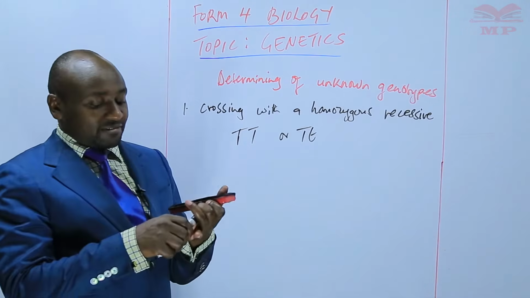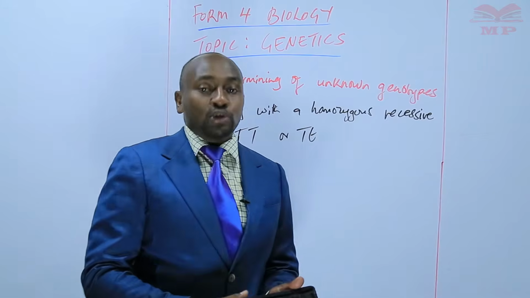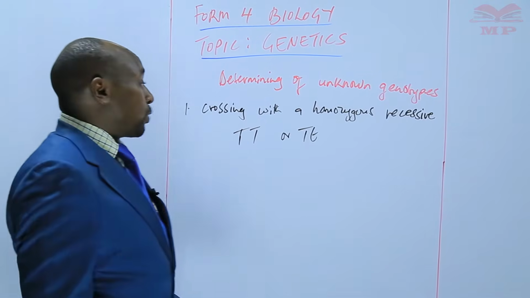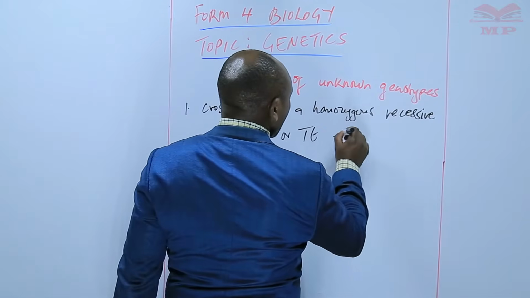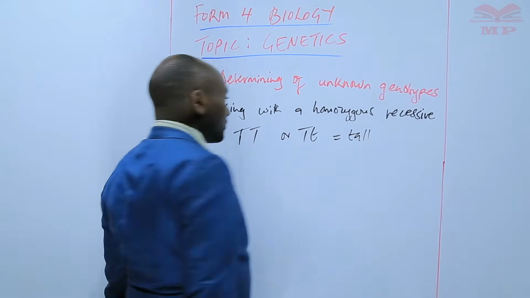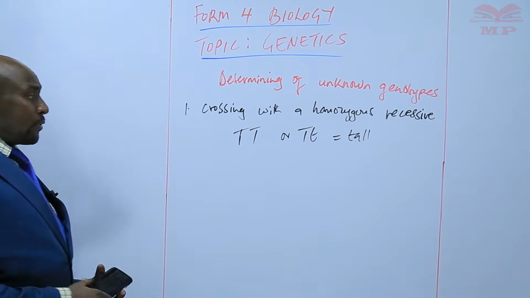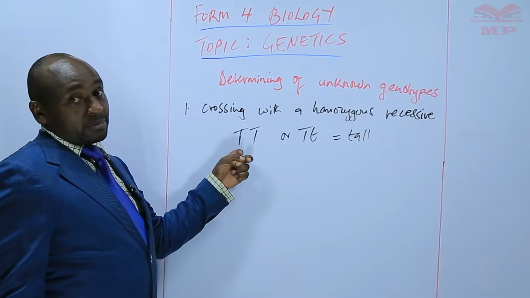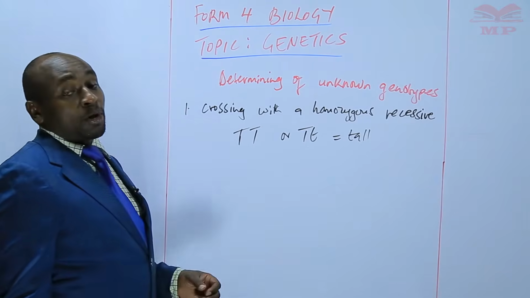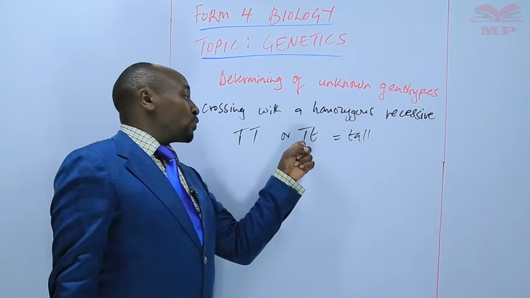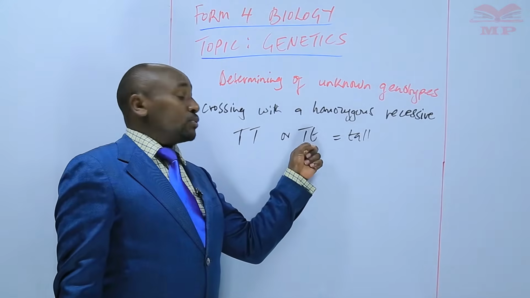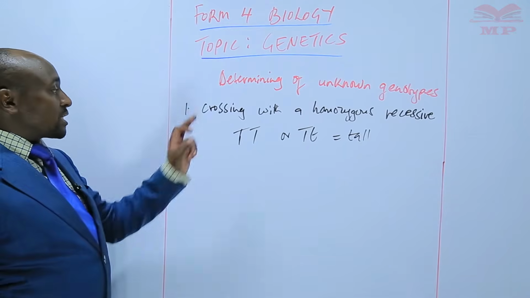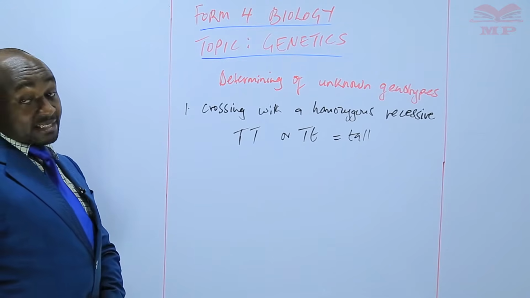So what we observe is the phenotype, the outward appearance, and in this case the outward appearance is telling us they are tall. But we want to find out whether that tallness is as a result of capital T, capital T, or capital T, small t. So we can do that by crossing with the homozygous recessive.